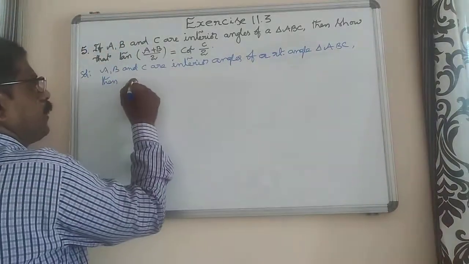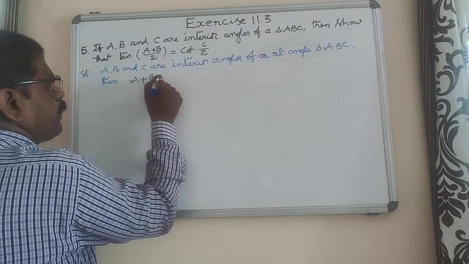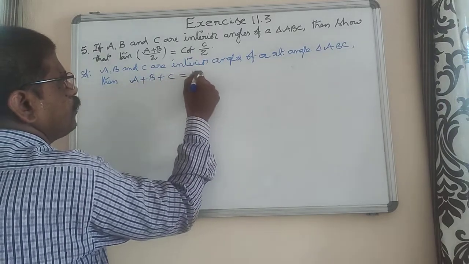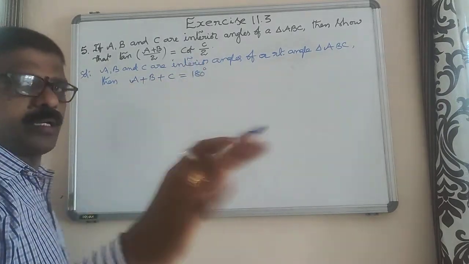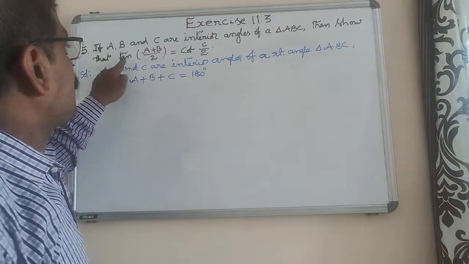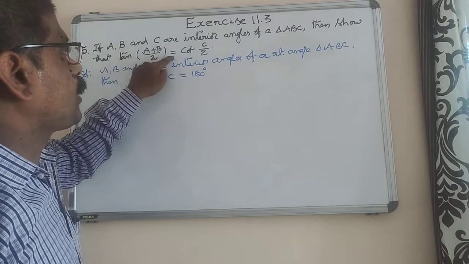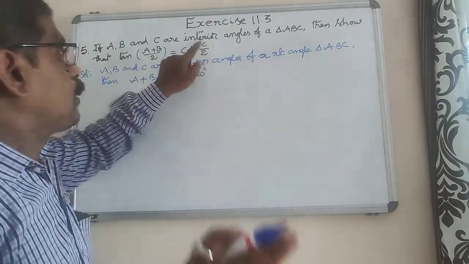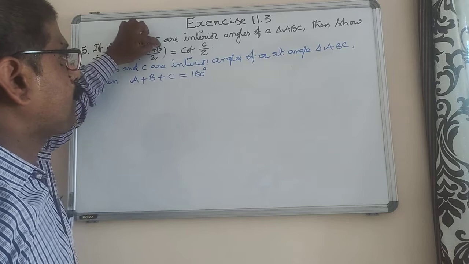Now we can write A plus B plus C equals 180 degrees. Clear? Now what is to be shown is tan (A plus B) whole by 2 equals cot C by 2. Now the first two terms are A plus B.